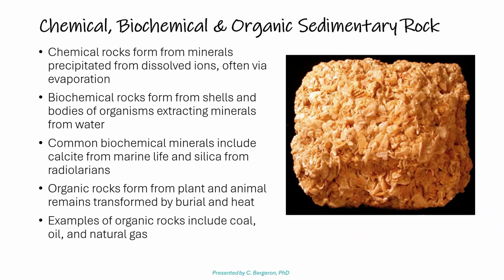And then you have organic sedimentary rocks, and these contain the remains of organic material that has undergone the lithification process. So the source materials are usually plant and animal remains that are transformed through burial and heat. And this is where most of our fossil fuels come from. So coal, oil, and methane or natural gas are formed this way. They're sourced from an organic sedimentary rock.